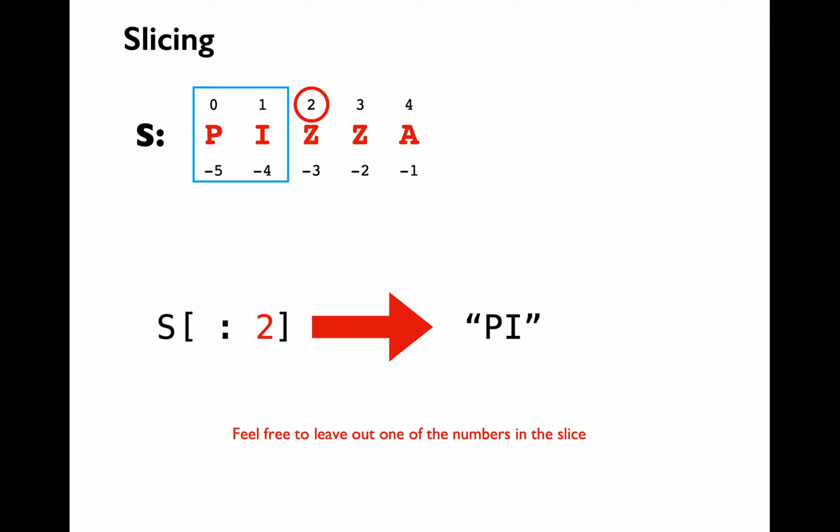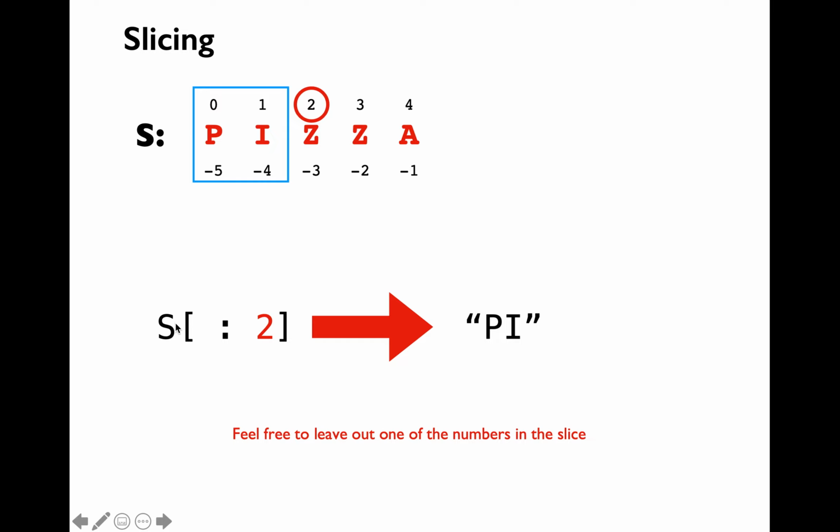Do we have to always mention the start and the end as part of a slice? The answer is no. You can optionally skip one of those, provided that you want the slice to begin at either the beginning of your sequence or end at the end of your sequence. Let's say that you want to extract PI here.